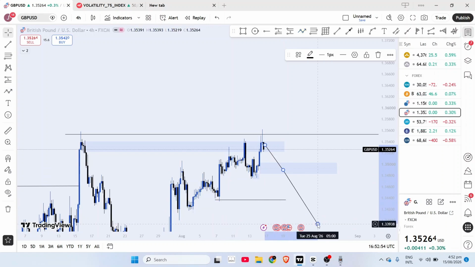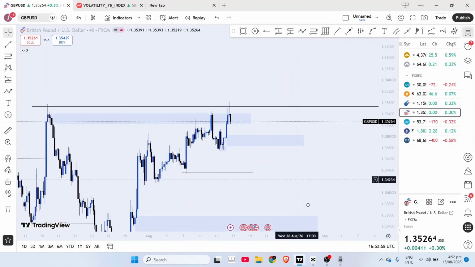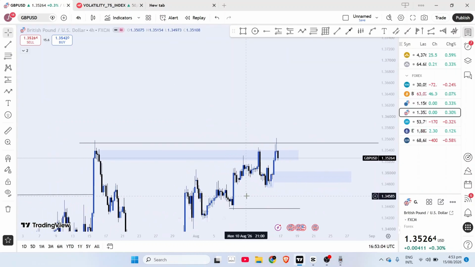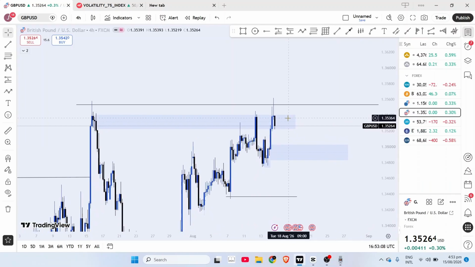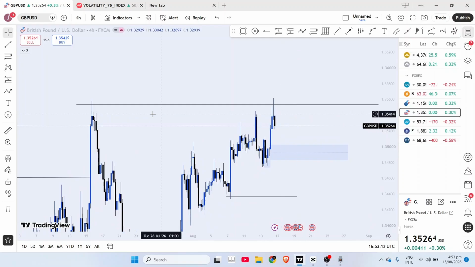I'll still be watching what will be happening on GBP/USD next week. Nothing much has changed on GBP/USD, just these few things that I'm anticipating. For now, let me delete the zone since price has swept the zone. So I'm going to be deleting the zone and watching if price would want to do something like this.